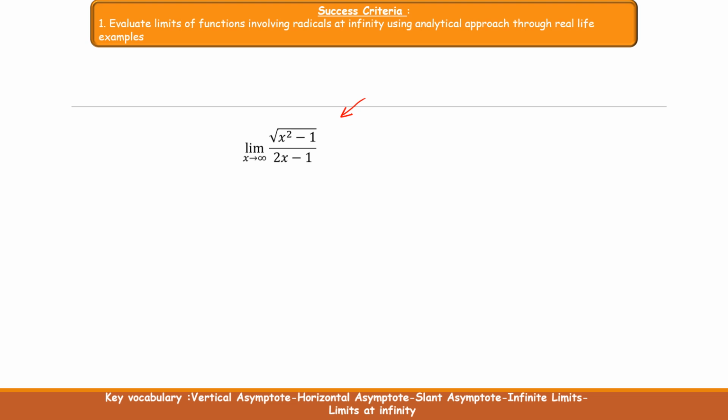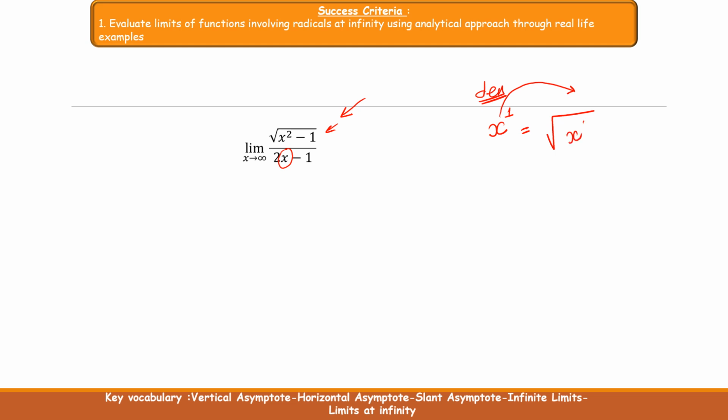In this case, the first thing is I will focus on my denominator, and I can see that the highest power of the variable is x, right? So x has power 1. But on the top I have the square root. So if without the square root it has x power 1, and I want to write something inside the square root, what shall I write?